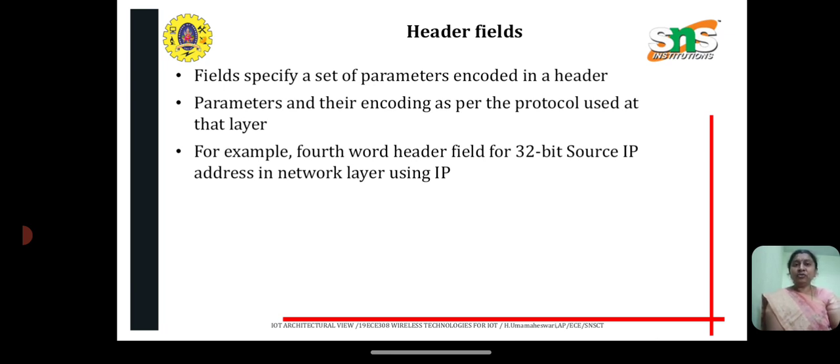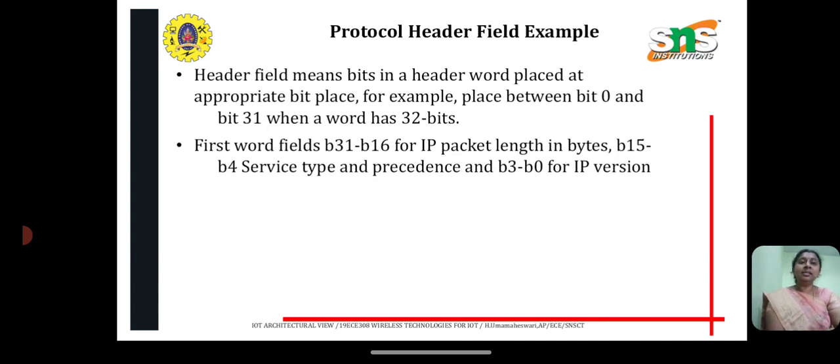For example, a header word field for a 32-bit source IP address in the network layer, which uses the Internet Protocol. Then the Internet Protocol header, with the example. The header field means bits in a header word placed at appropriate bit places, for example, places between bit 0 and bit 31 where a word has 32 bits.